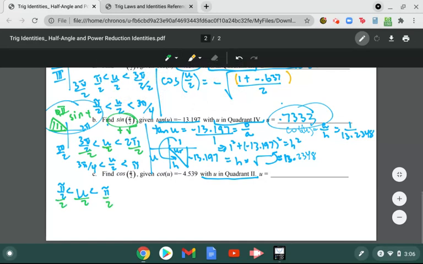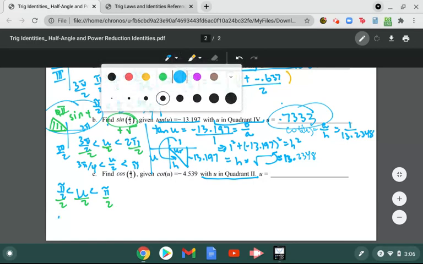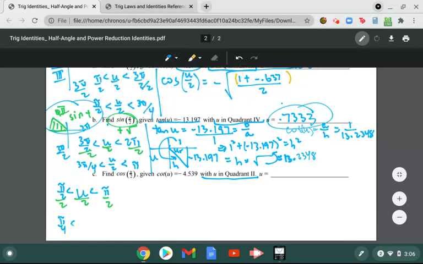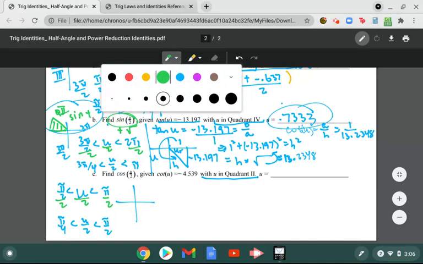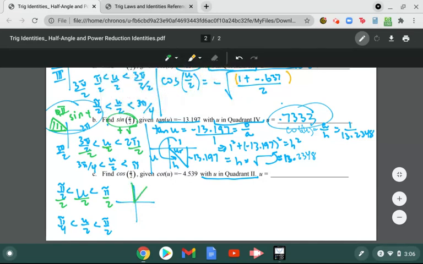So this tells me that my half angle lives between pi fourths less than u halves less than pi halves. So that little slice of the pie is right here, and it's in quadrant 1. Everything's positive in quadrant 1, so I'm going to choose the positive square root.